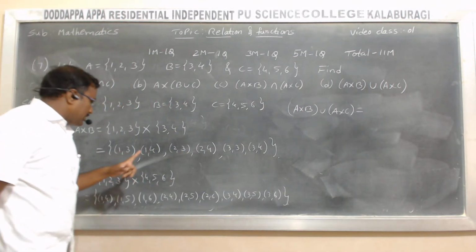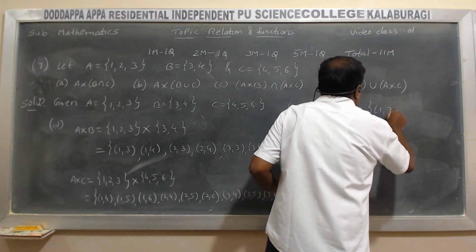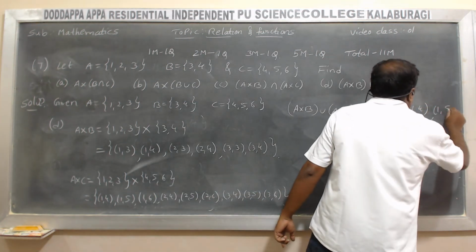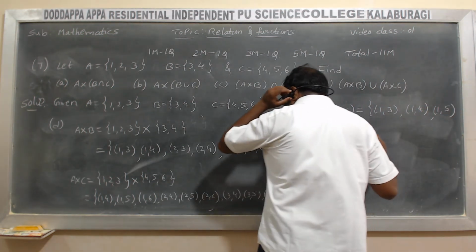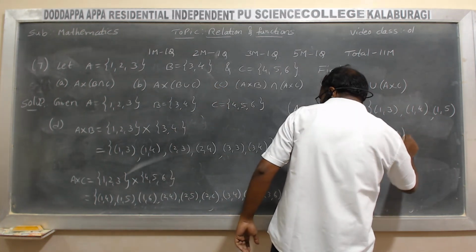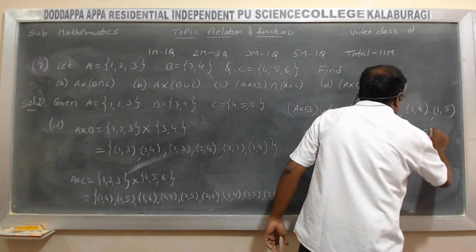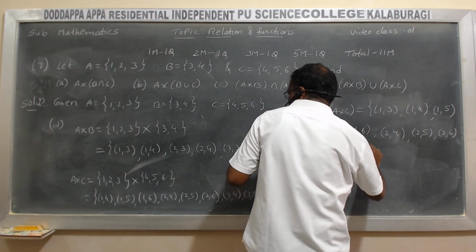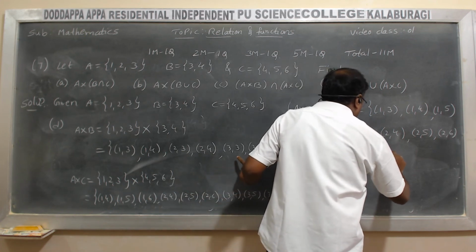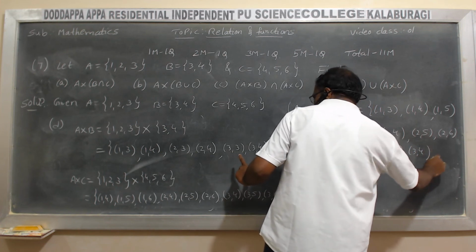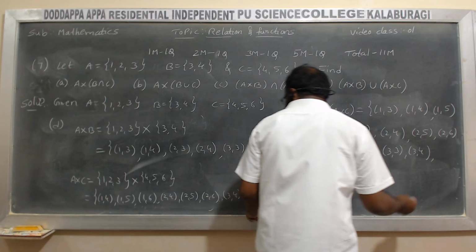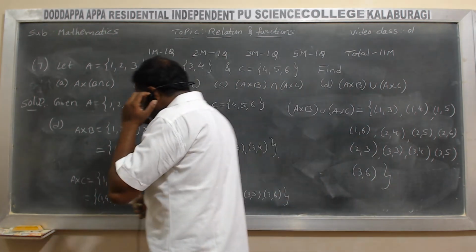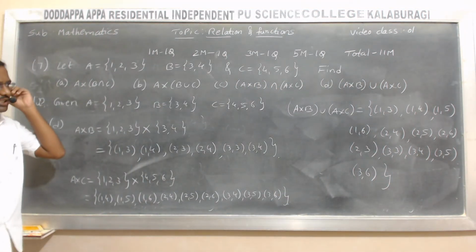Here the value is (1,3), (1,4), (1,5), (1,6), next (2,4), (2,5), (2,6), next (2,3), next (3,3), (3,4), (3,5), (3,6). So we get A cross B union A cross C.